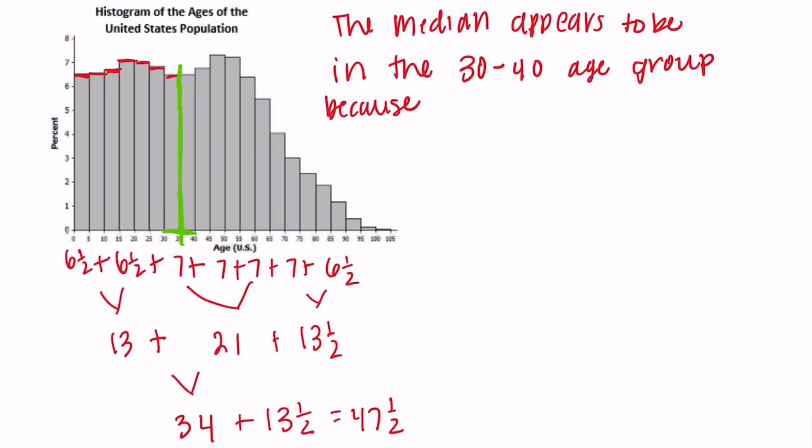So specifically, right there, we haven't quite reached the 50th percentile. So if we add another one, that's about another 6, we'll get 53.5.